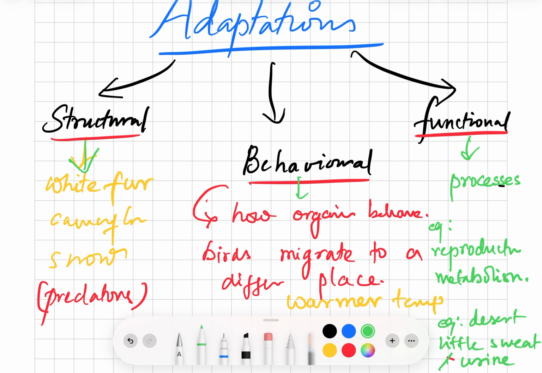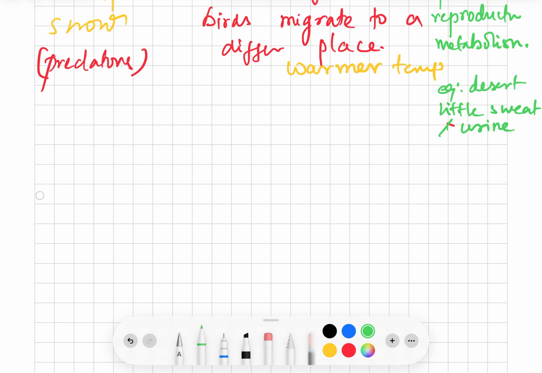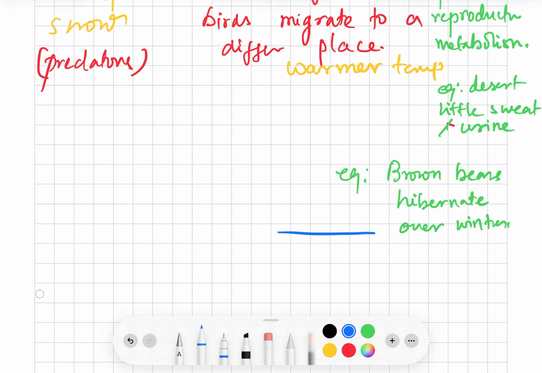Okay, so these are one or two examples which you can remember. The other one is the brown bears, they hibernate over winter, and when they do so, what basically is happening is, this could be a very good exam question, you should remember, they are lowering their metabolism, which is a process, isn't it?